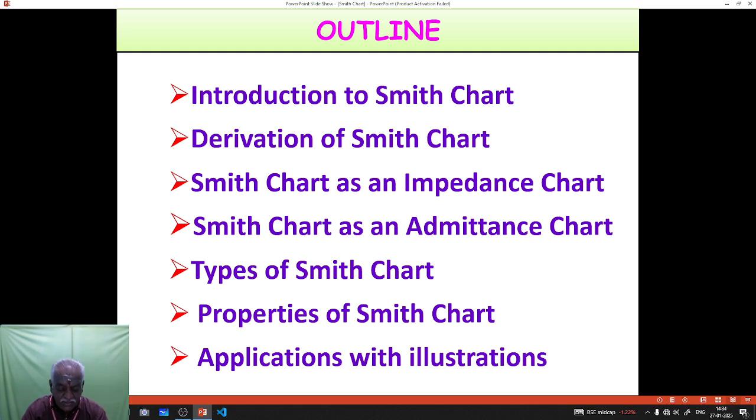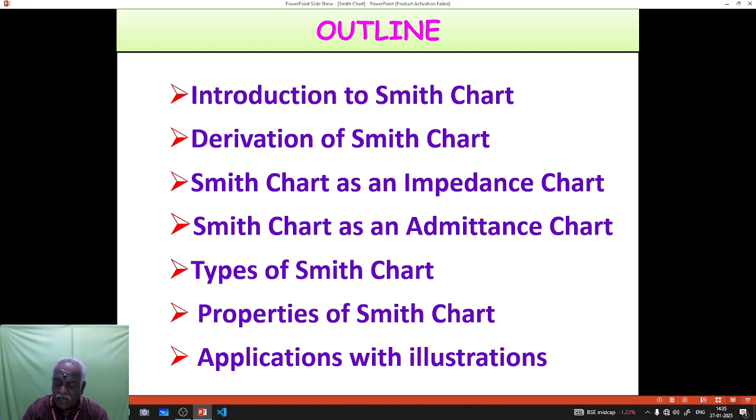So, along the transmission line, at any instant, there will be two wave components. One is the incident wave and the other is the reflected wave component. The incident wave travels from the source to the load, and the reflected wave travels from the load towards the generator.